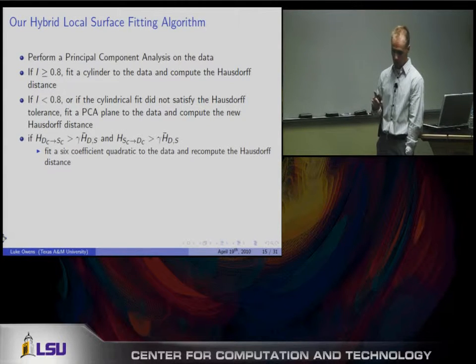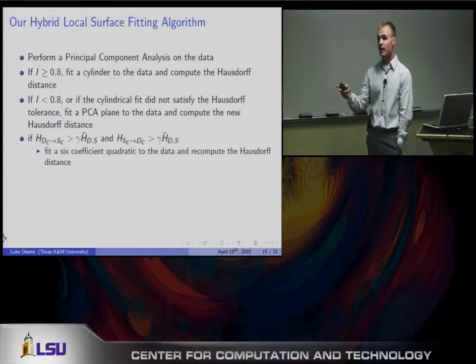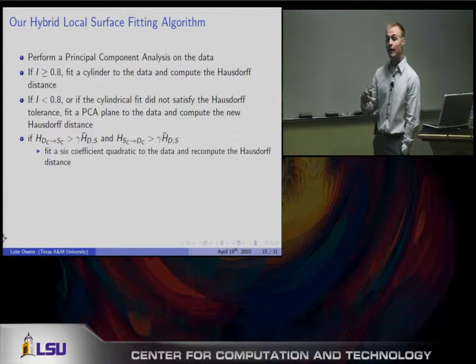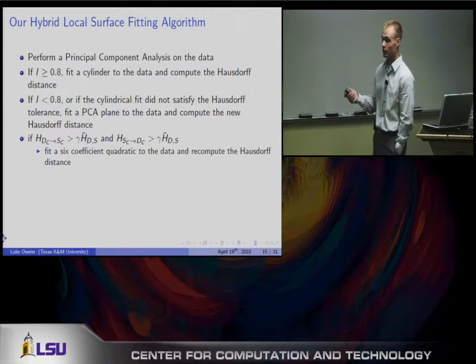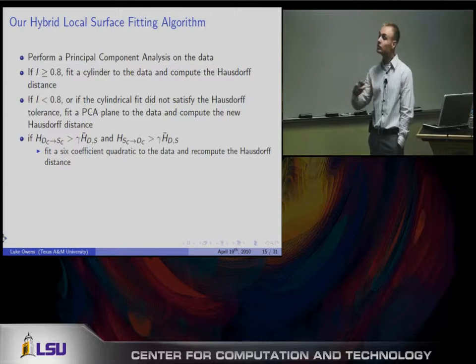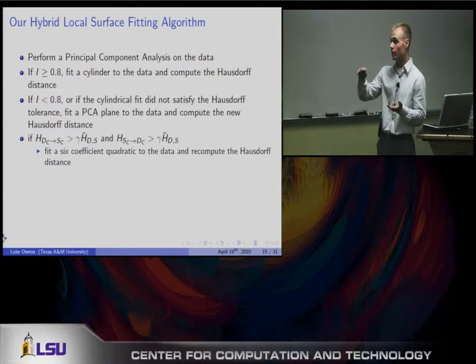Now we have 2 situations. If both one-sided Hausdorff distances are greater than our tolerance, then we can try to fit a 6 coefficient quadratic to the data. Maybe like the situation I showed with the corner of the building, where a higher order fit is what we need.